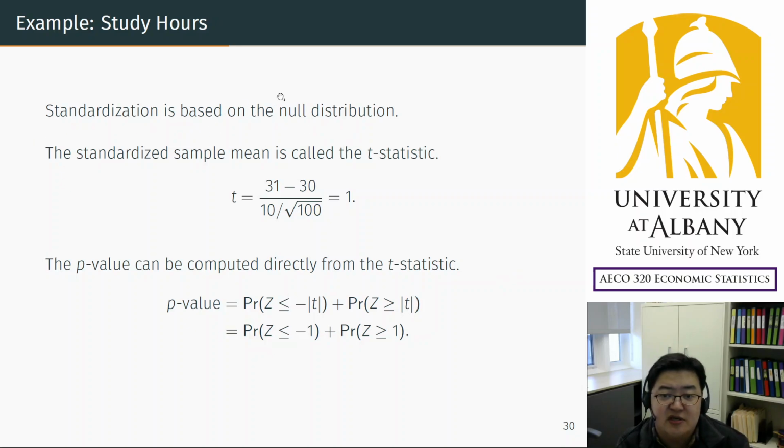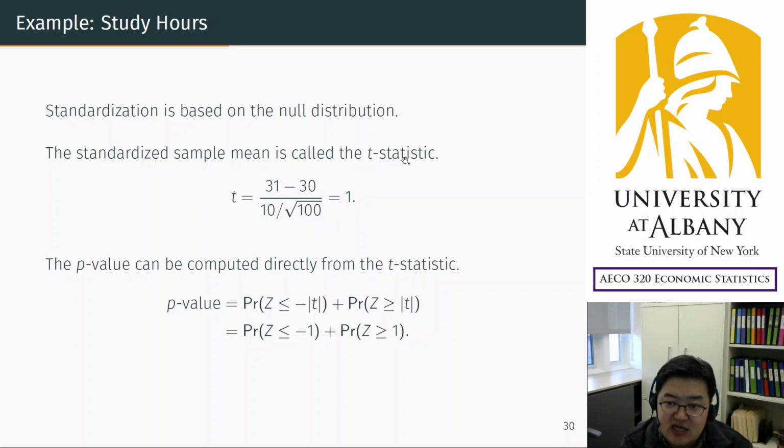Standardization is based on the null distribution, as we discussed earlier, and in this derivation, almost always you are going to see the standardization process. We are going to define the standardized sample average as the t-statistic.